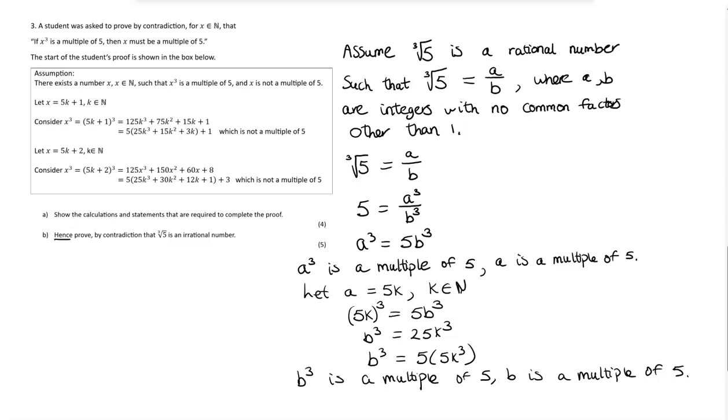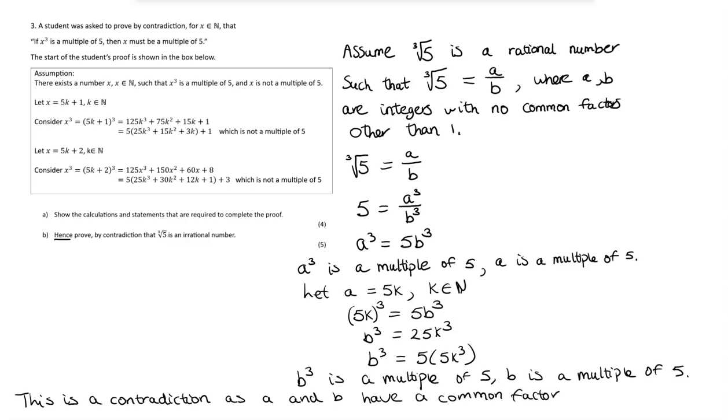Well, that is a contradiction, because we said that a and b have no common factors other than 1. So we could put a conclusion there: this is a contradiction, as a and b have a common factor of 5. They're both multiples of 5.